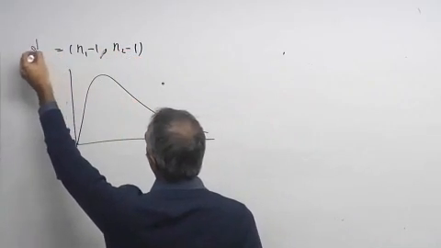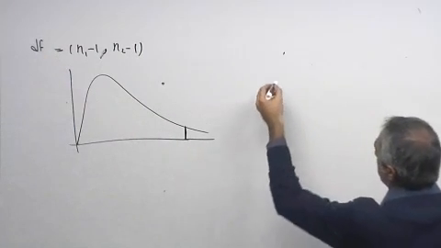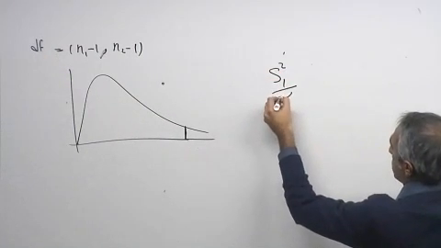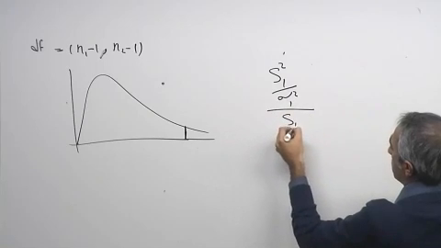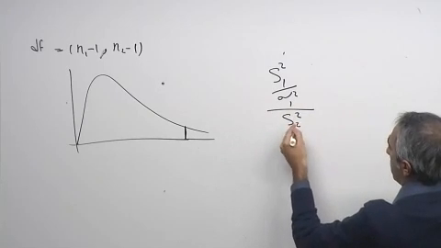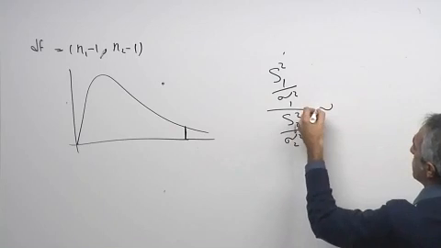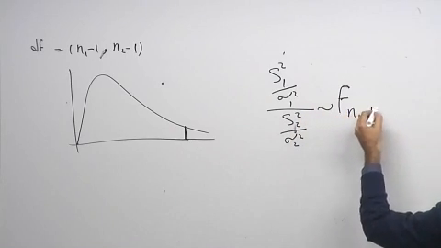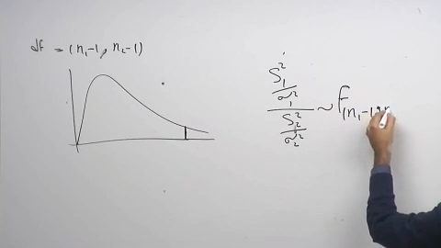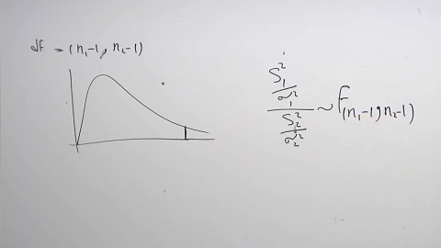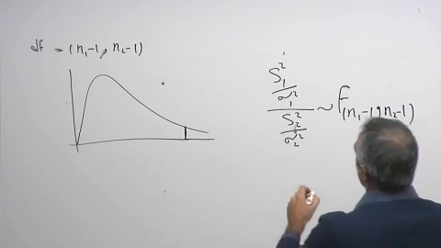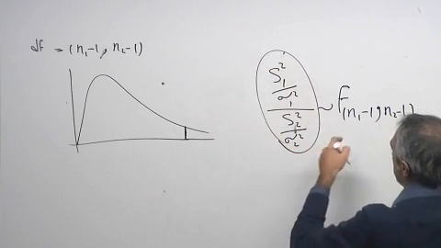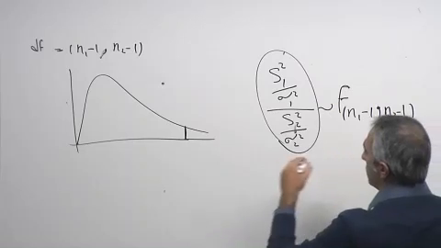So this is the degrees of freedom. I know that S1 squared divided by sigma 1 squared, the whole thing divided by the other ratio, follows an F distribution with these 2 degrees of freedom. Okay?